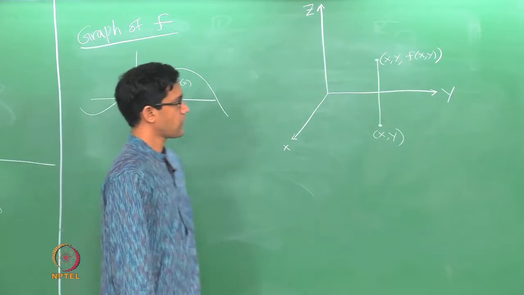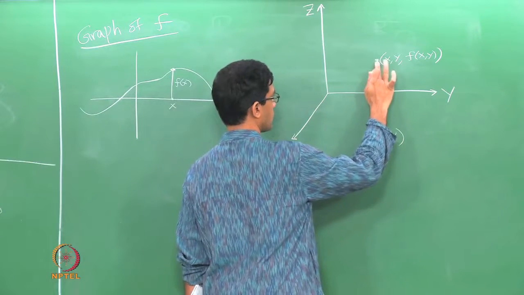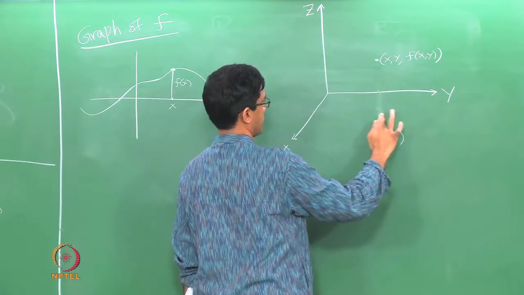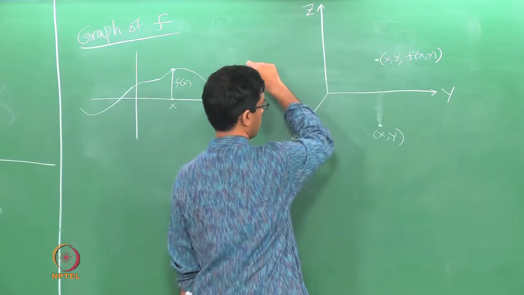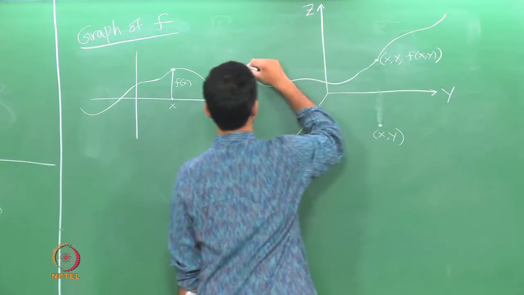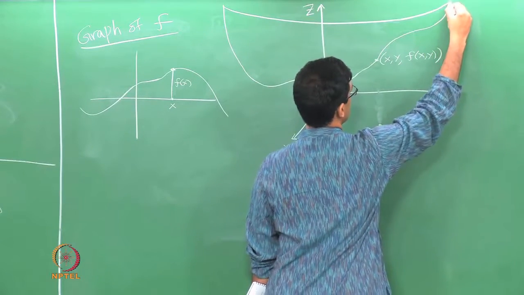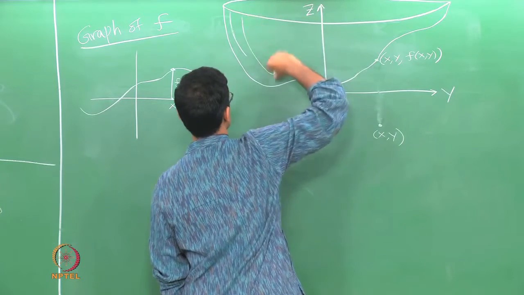Okay, and you do this for every single point x y on the plane, and doing that will give you several such points, and what you do is really join all of them up, and what you will typically get is some sort of surface, a two-dimensional surface, so it is sort of this surface here.